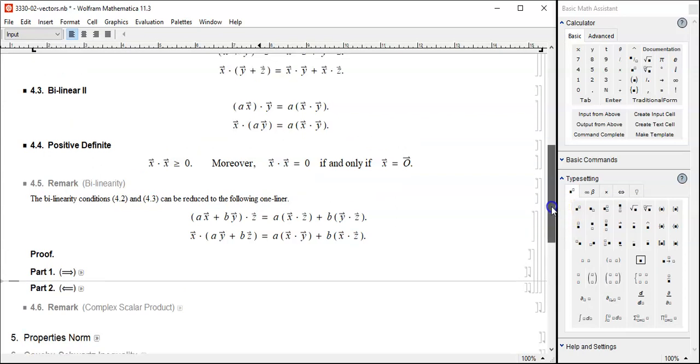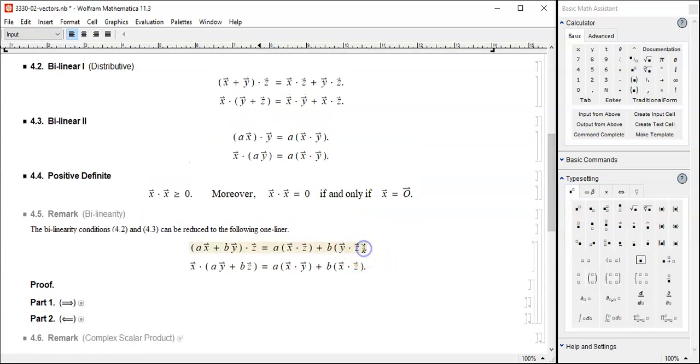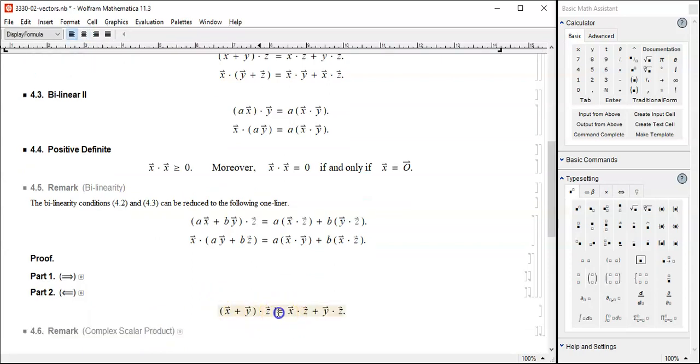And let's do the second direction. Assuming this, we have to prove this one and also that one. Okay, let's prove the first one. So basically this is what you want. I don't know how many steps will go in there, but eventually after doing something, we're going to get that.